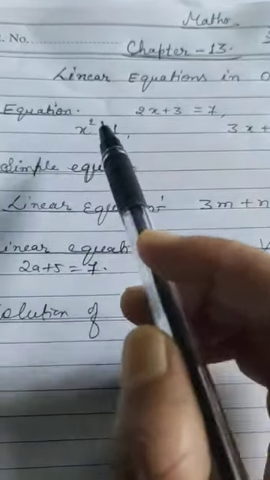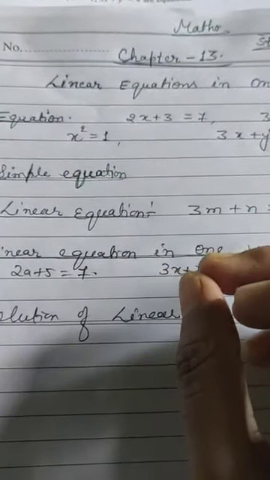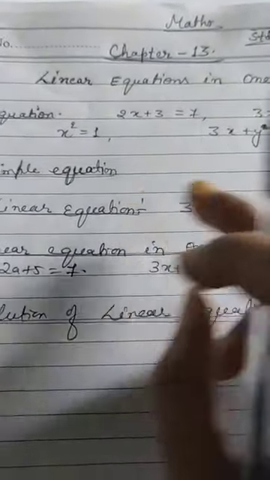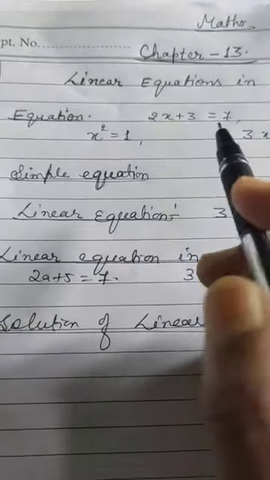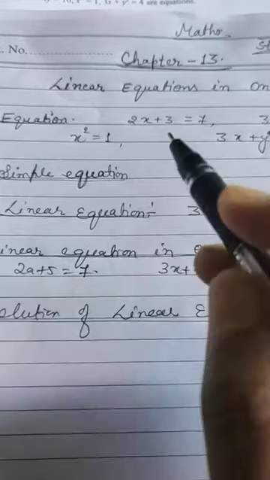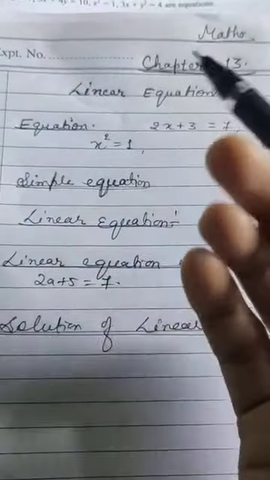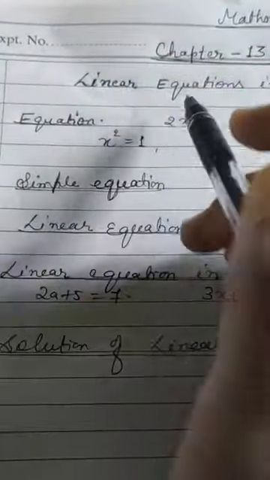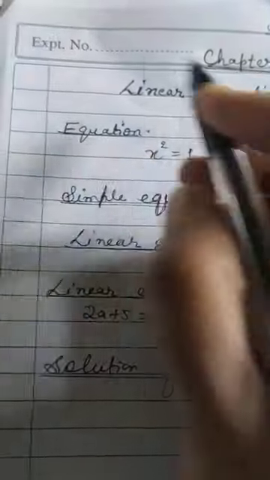So an equation is a mathematical statement which shows the equality of two expressions. In the last chapter we have done algebraic expressions. What is an algebraic expression? There will be variables and constant terms, like 2x plus 5y plus 3.